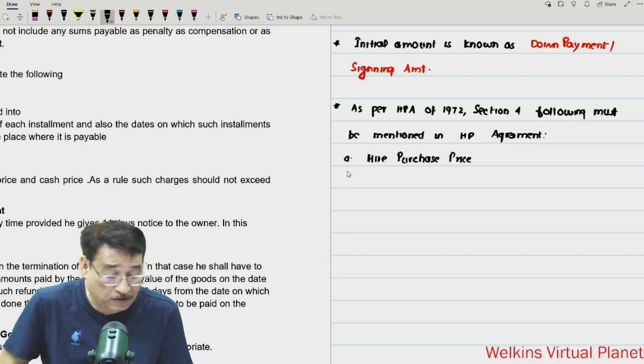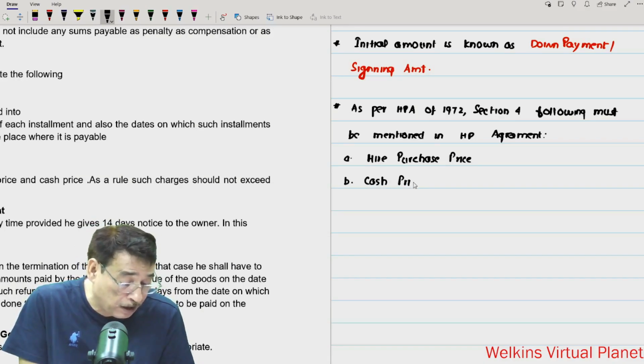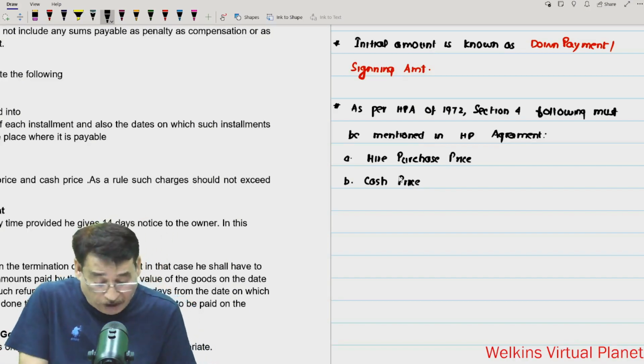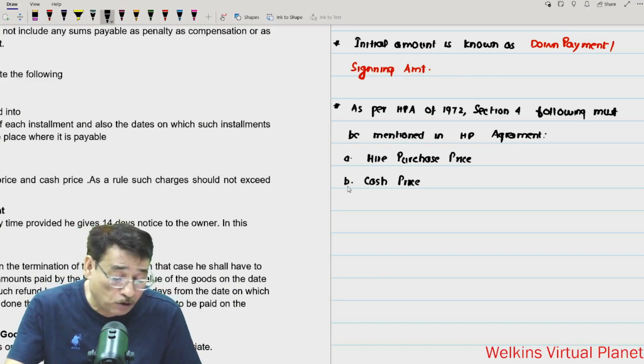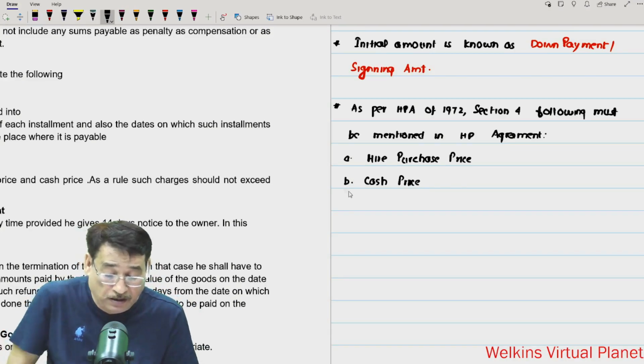It is as simple as that. Then the seller must also mention in the agreement the cash price. What is the cash price? Just wait for a while. And then he should also mention very clearly the date on which the hire purchase will come in.